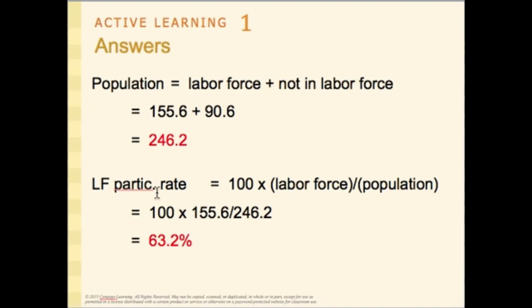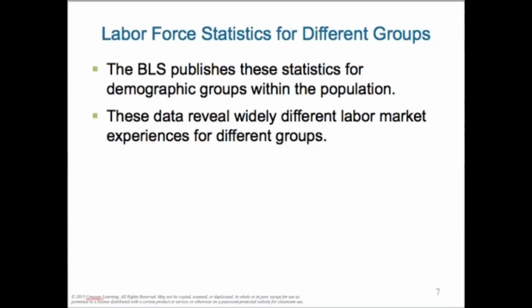Now, the labor force participation rate is simply your labor force over your total population times 100. So you have that labor force of 155.6 over that total population of 246.2, multiplied by 100, you get 63.2%. It's as simple as that.